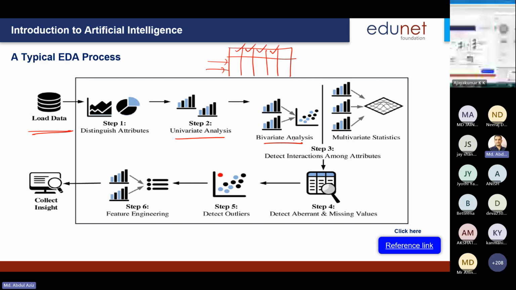Bivariate analysis depends upon two variables, that is, two column names, two attributes, right? And we'll be doing multivariate analysis also, that means more than two variables, right? We'll be doing all these kinds of analysis to extract the information from the data that we'll be getting.